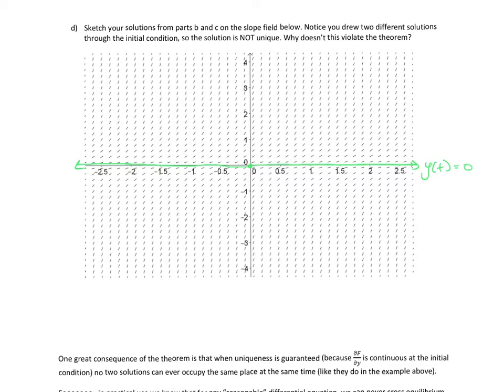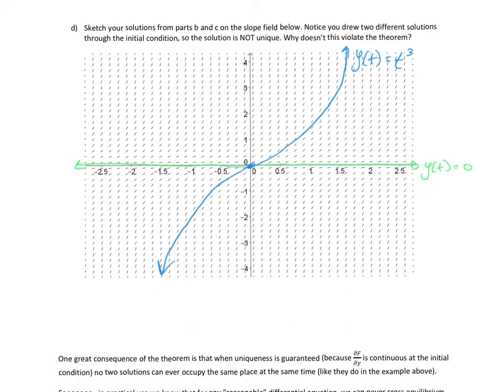And then part C was y(t) equals t^3. So that also has the same initial condition, 0, 0, but the solution is t cubed, which looks like that. And you can see it is following the slope field.